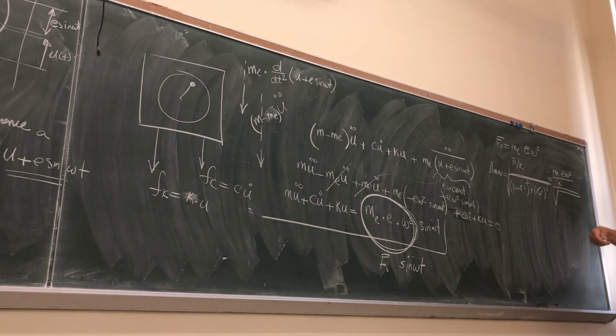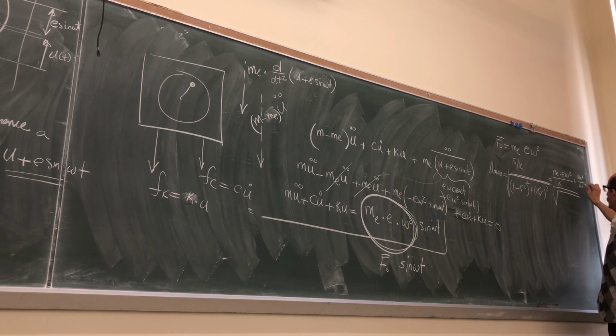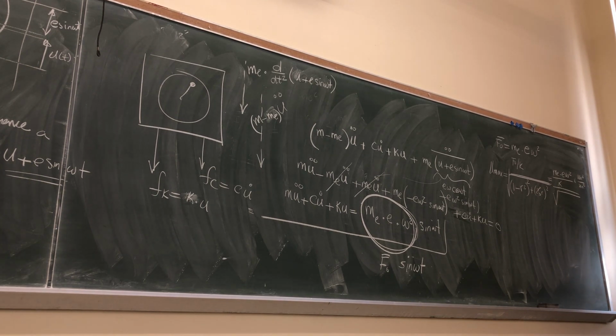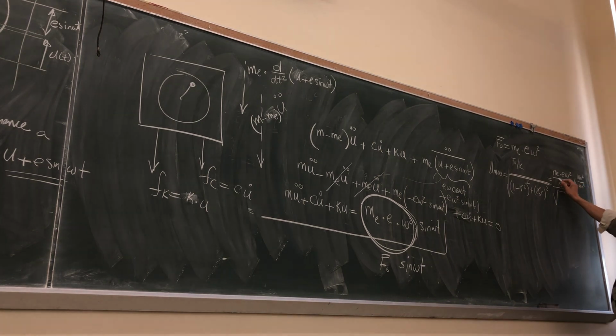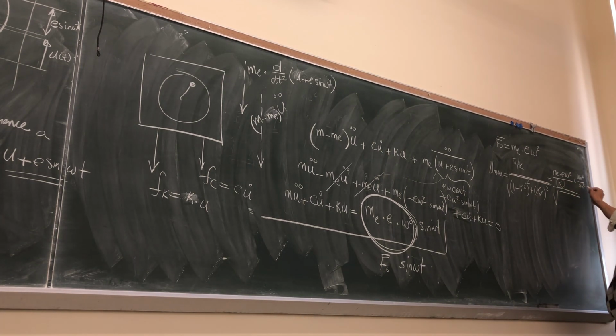I can write this differently. What I can do, I can multiply this by omega n squared divided by omega n squared. Just multiply it by 1. The reason I do that is because omega n squared is k over m.